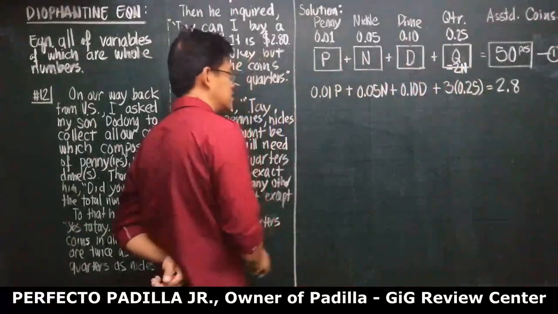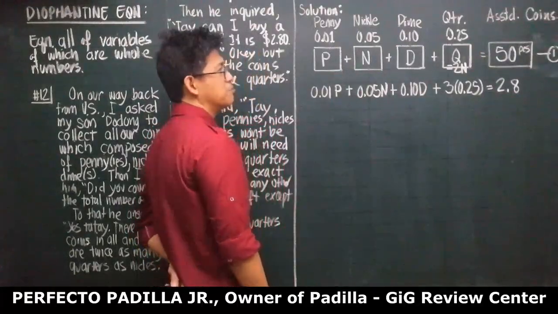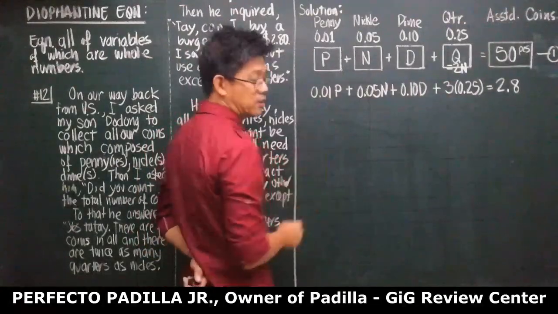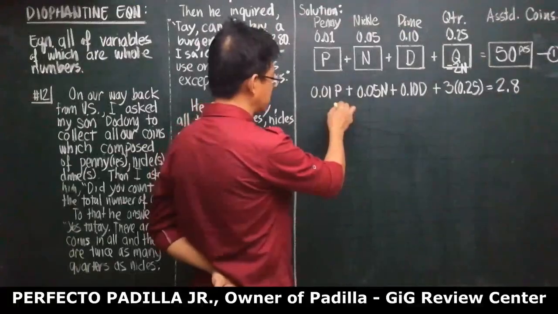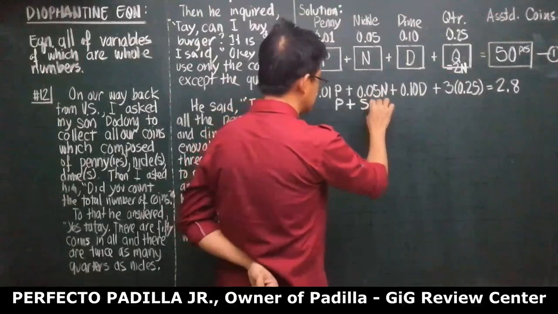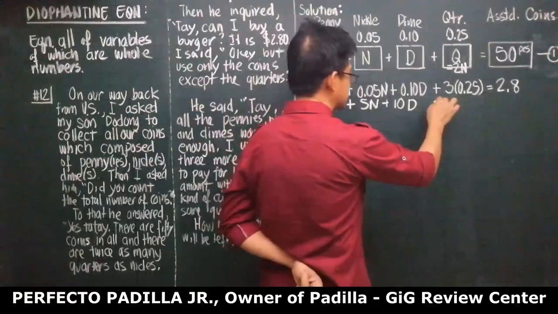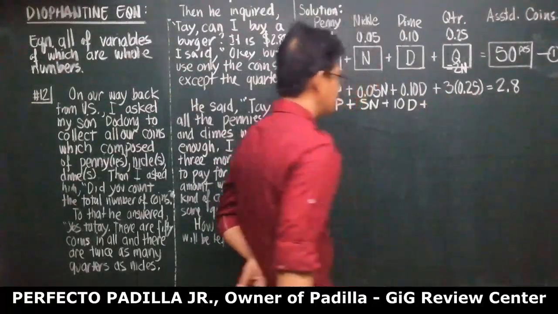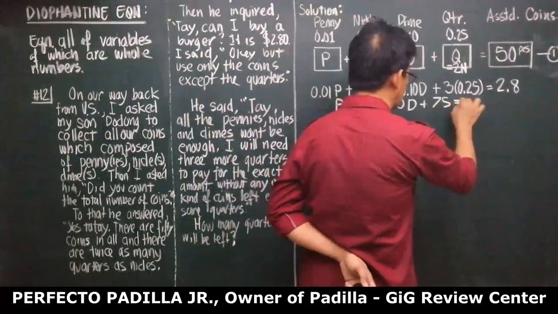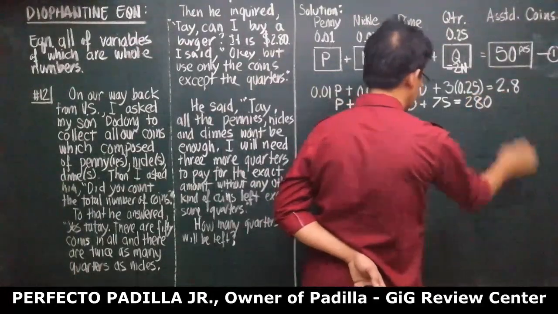Let me simplify this, no? Let me divide everything by 0.01. If I divide by 0.01, this would be P plus 5n plus 10d, okay? Plus, divide this by 0.01, so this is 75, equal to 2.8 divided by 0.01, 280.